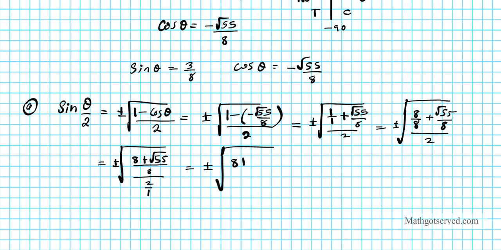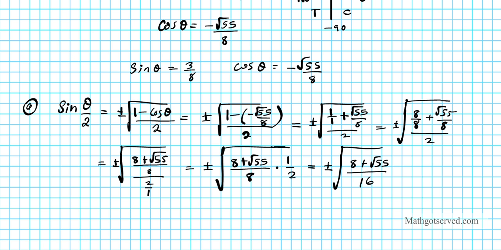So we have 8 plus root 55 over 8 times 1 over 2. Okay, so when I multiply across, we're going to have plus or minus the square root of 8 plus root 55 over 16.